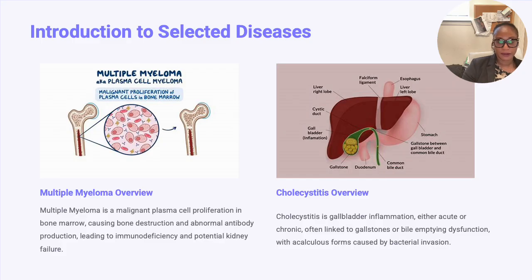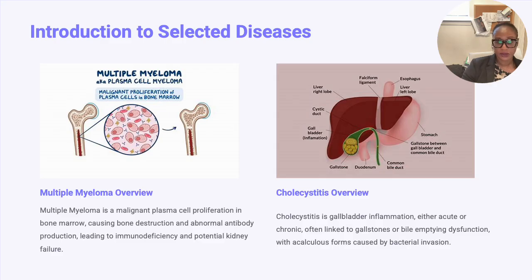Just to give you a mental picture of what that might look like, the plasma cells in myeloma. And then, as I mentioned before, it's a malignant cell proliferation in the bone marrow causing bone destruction, and abnormal antibodies are produced, leading to immunodeficiency and potentially kidney failure as well.